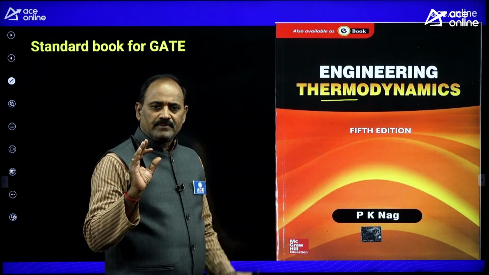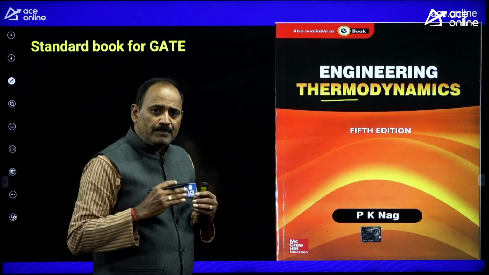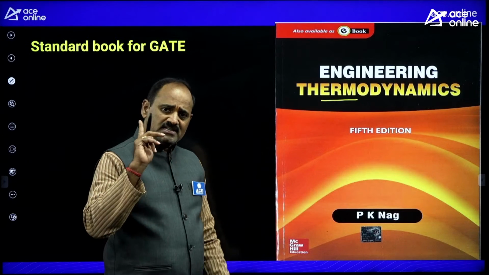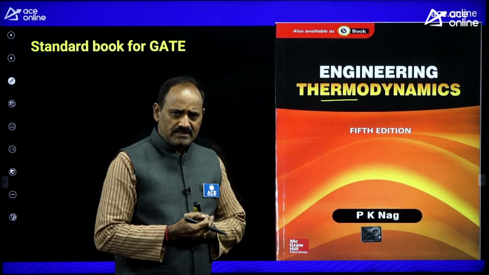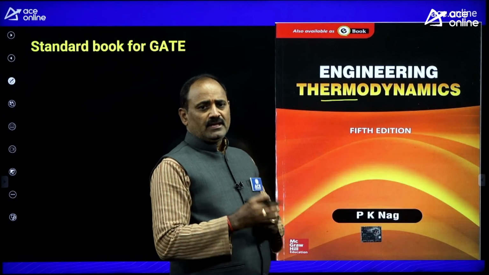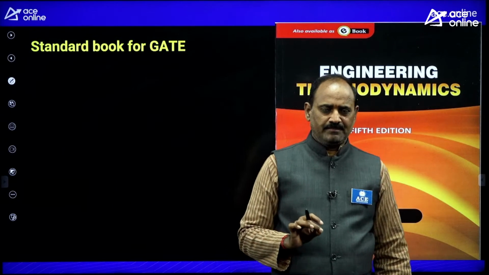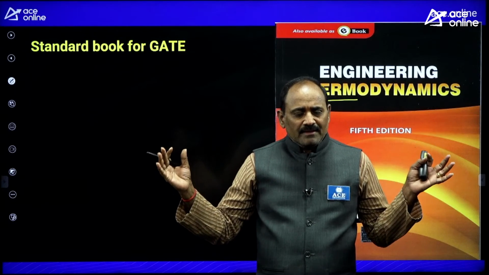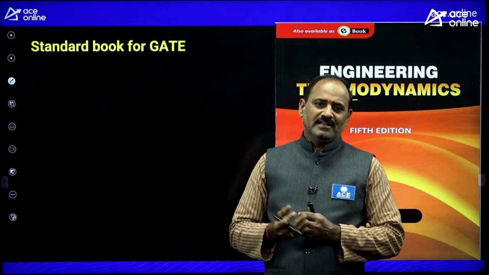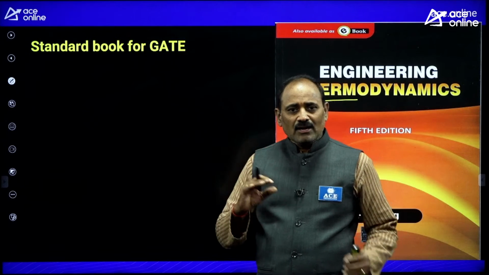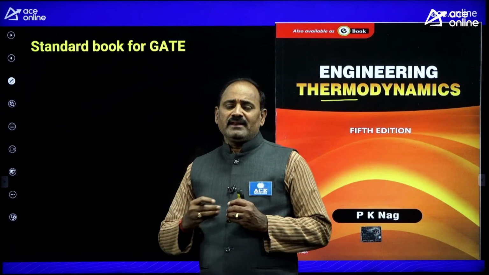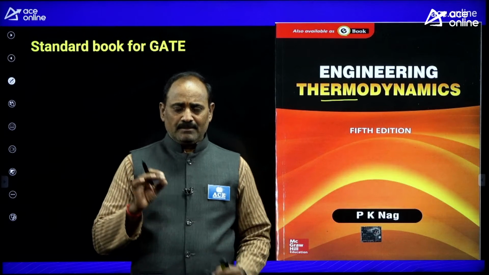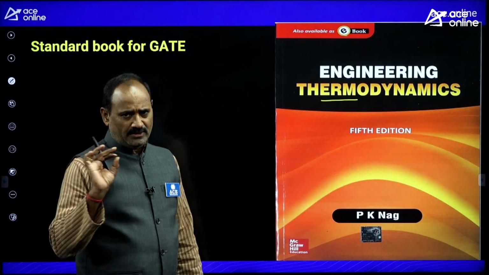It is not advisable to prepare from many textbooks. One standard textbook is more than sufficient. Here most of the students are making a mistake. They are collecting the material which is available in the market, but no material is completely prepared. That is the main mistake the students are making.